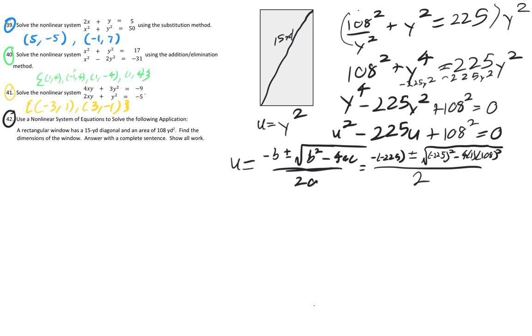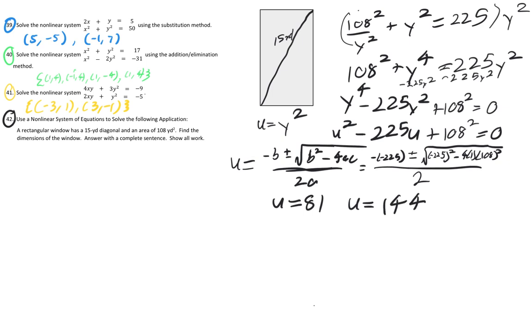Plug that into our calculator, oh, sorry, plugged it in wrong. So it's going to leave one u value equal to 81 and another u value equal to 144.